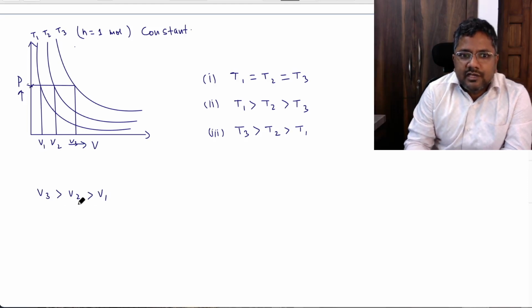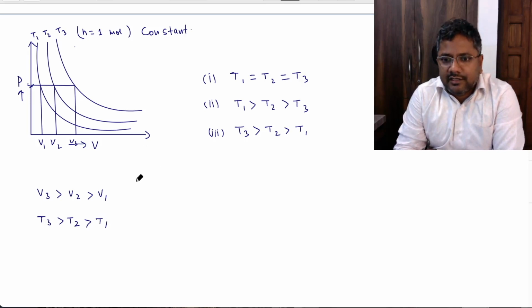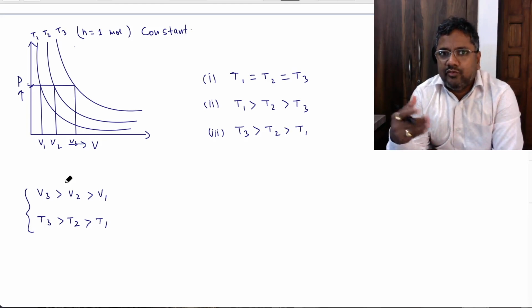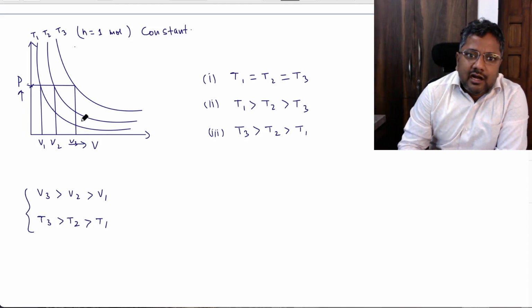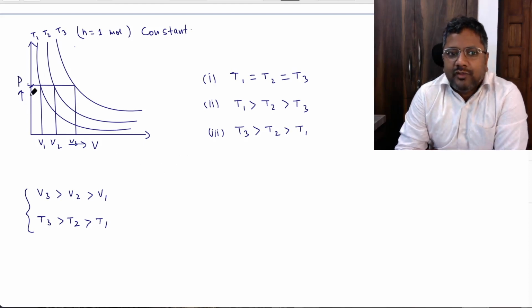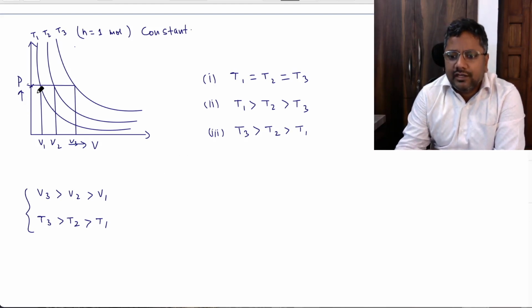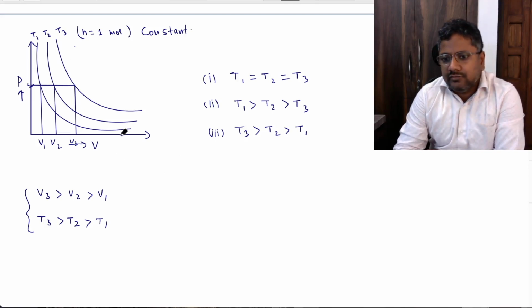Pressure is fixed, so T3 is greater than T2 is greater than T1. In this way you can find the relation, because temperature and volume are directly proportional. Or you can take a fixed point V and draw the perpendicular on the y-axis and get P1, P2, P3, and with the relation between P and T, you can find the relation between T3, T1 and T2, right?